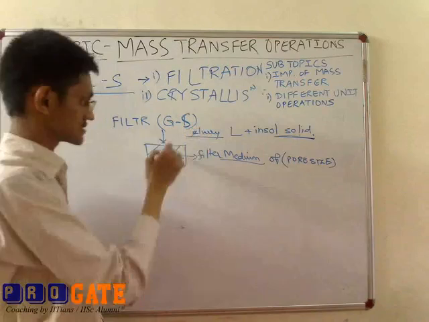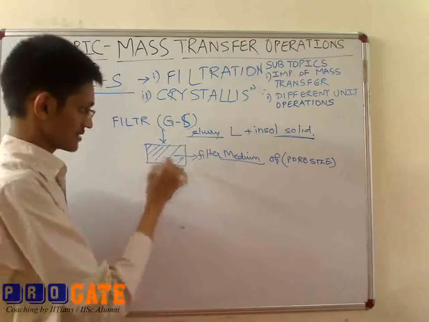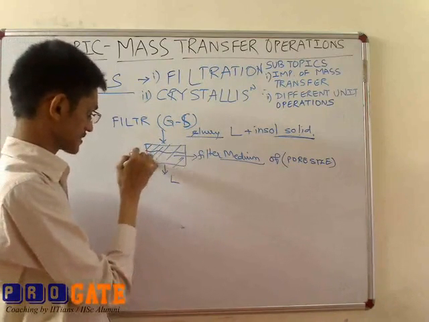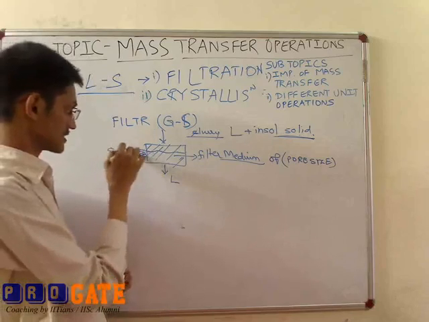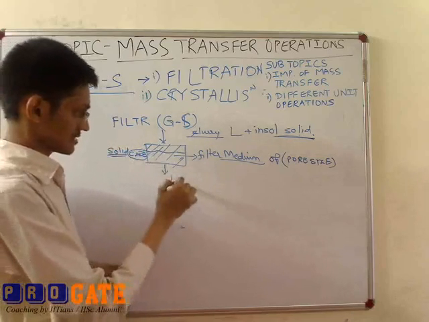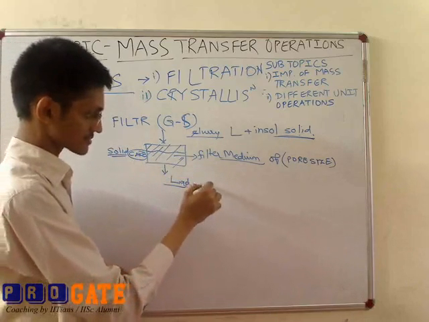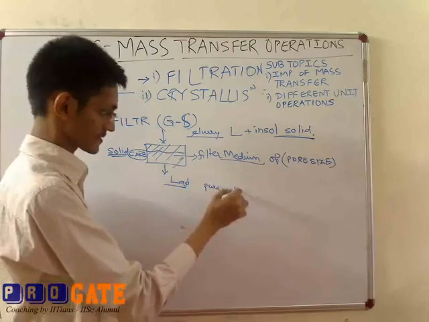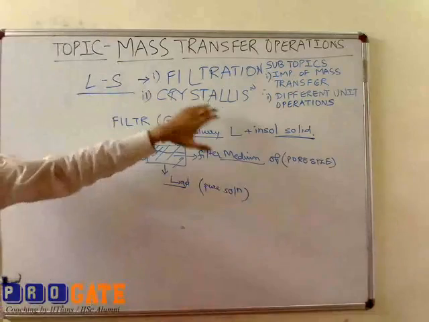This slurry is then passed to the filter medium, and what you get on the filter medium is the cake, that is nothing but the solid cake, and at the outlet you get the pure liquid solution. So the unit operation is filtration.